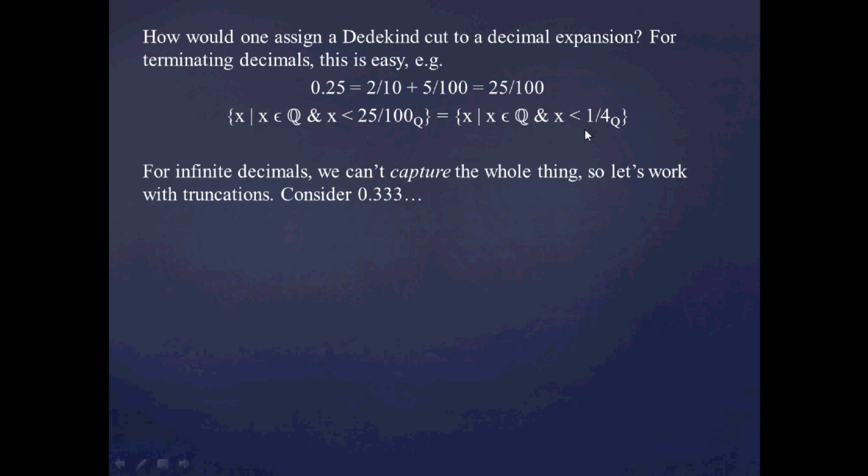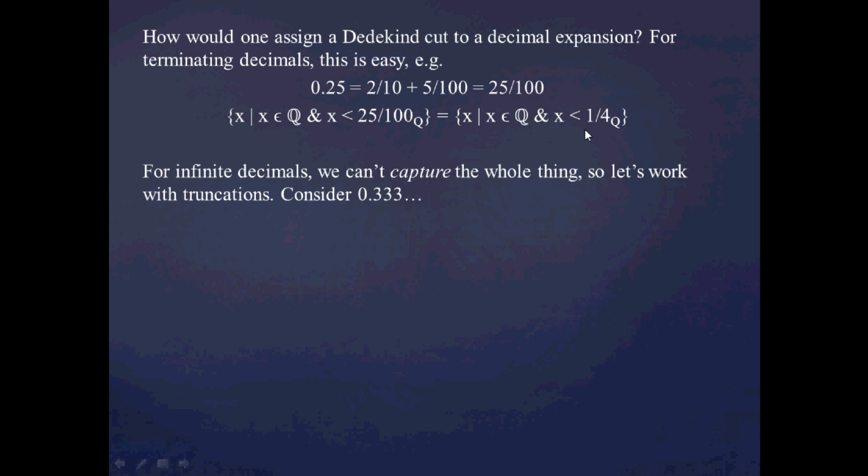What you do is you just assign this to the set containing all rational numbers less than 25 hundredths. And you can show that that's equal to the reduced form, which is all the rational numbers less than a quarter. So for terminating decimals, this is quite simple.